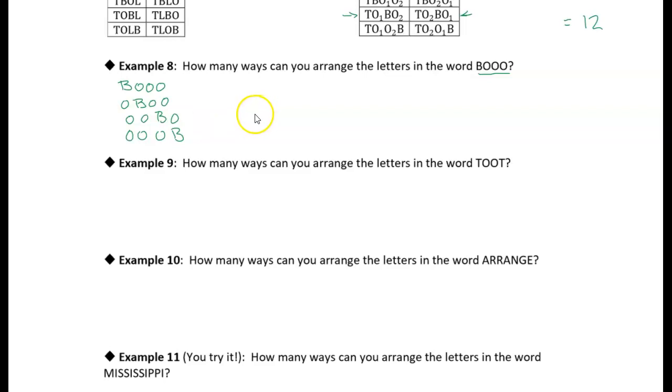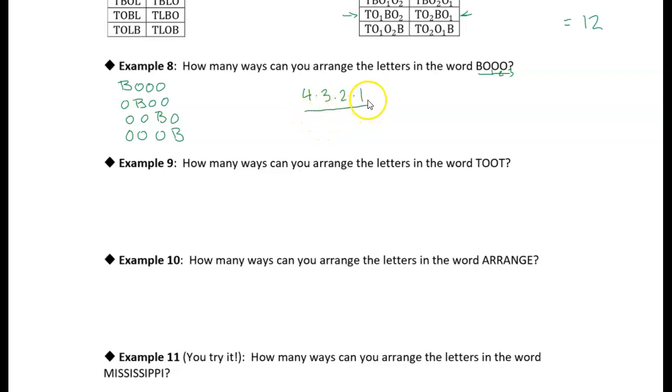Now let's think about how we could figure that out using what we know about permutations. Again, if you just treat all those O's as being distinguishable, I could call this O1, O2, and O3, then there would be 4 factorial, 4 times 3 times 2 times 1 ways to arrange the 4 letters.